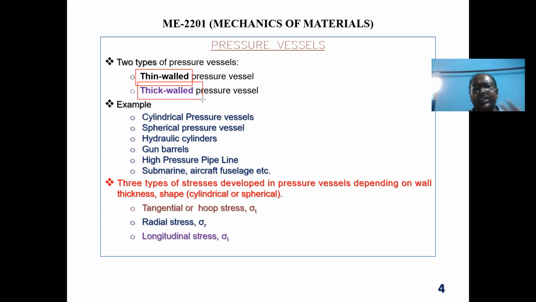Again, a thick wall pressure vessel of bigger size might work like a thin wall pressure vessel. So right now, just remember that depending on the type of the wall, pressure vessel is two types, thin wall and thick wall. Then depending on the geometry, a pressure vessel might be cylindrical, spherical, hydraulic cylinder, or gun barrel.